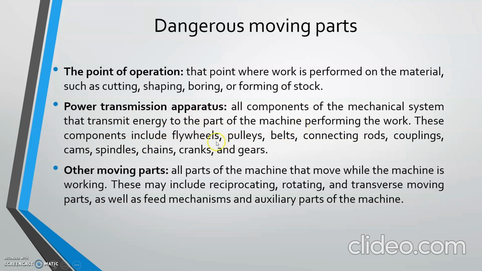Okay, this includes flywheels, pulleys, belts, gears. And the last one, other moving parts in the machine, are all parts of the machine that move while the machine is working. So it includes reciprocating, rotating, and transverse moving parts, as well as feed mechanism and auxiliary parts of the machine.